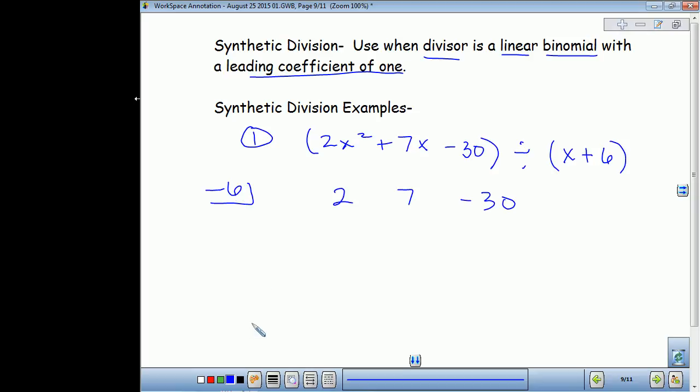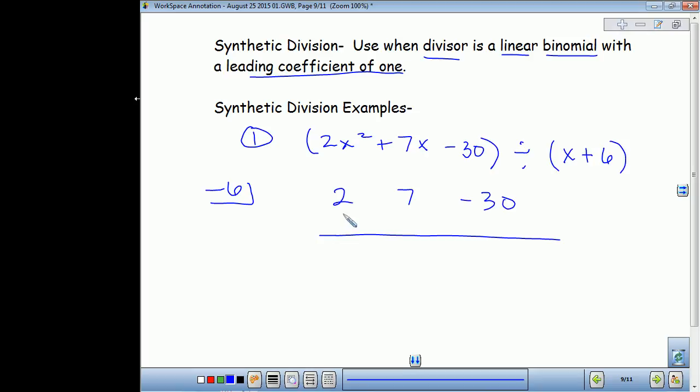All right, that goes there. What about the x? That's the nice thing about synthetic division. It's kind of like a shortcut, and you don't have to write all the x's. The only time we write the x's is in our answer.